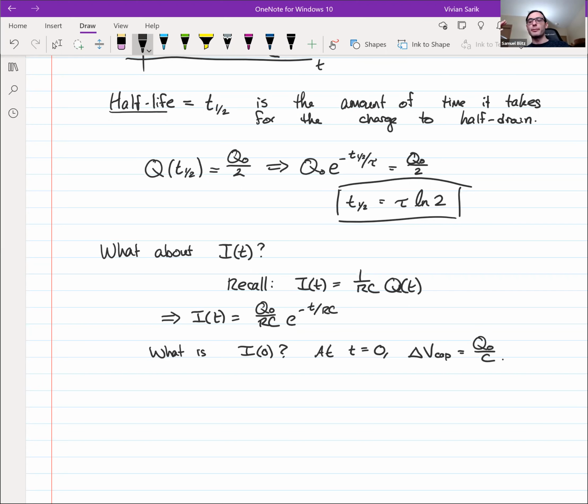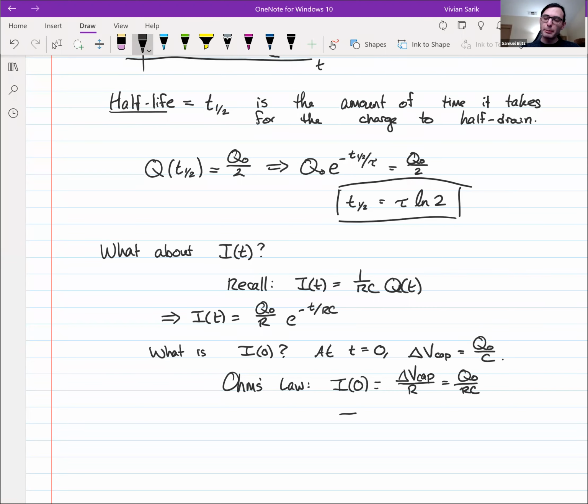It would be nice to have a name I naught for the initial current, but we need to make sure that I naught really is equal to this thing. We can double check by applying Ohm's law. At t equals 0, the voltage, which is equal to IR, means that I at 0 should be equal to delta V cap over R, which is just equal to Q naught over RC.